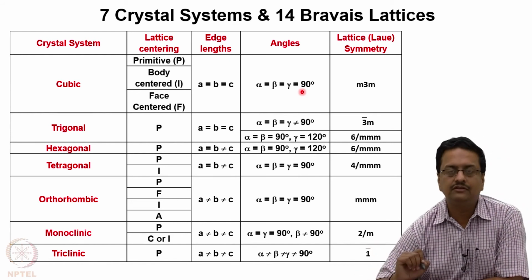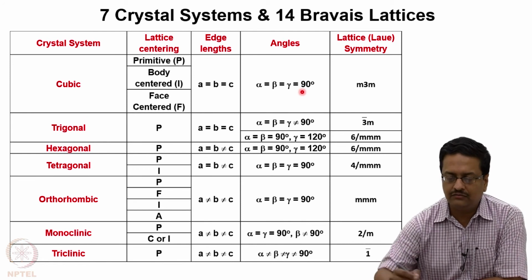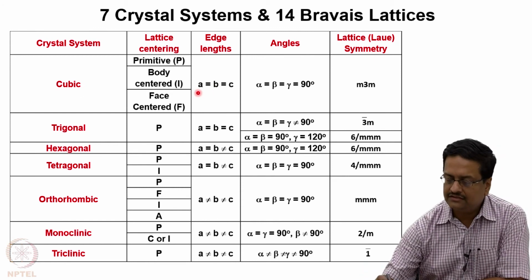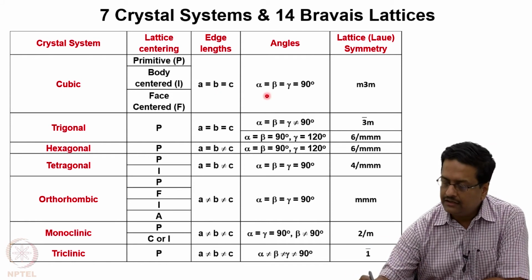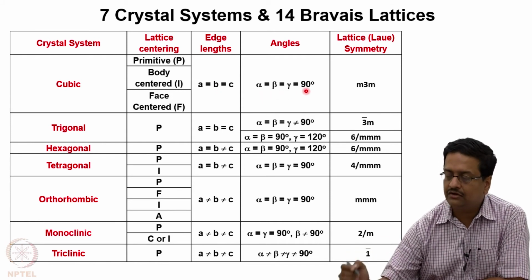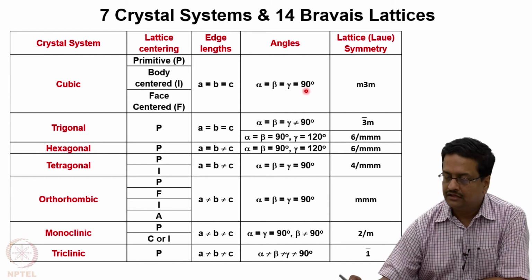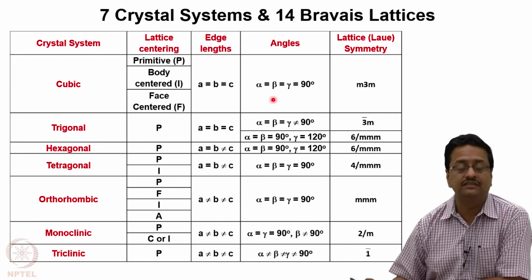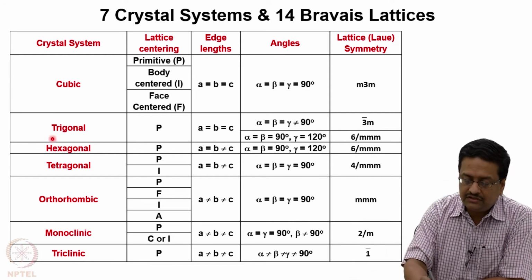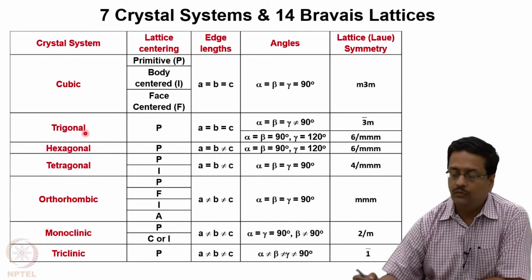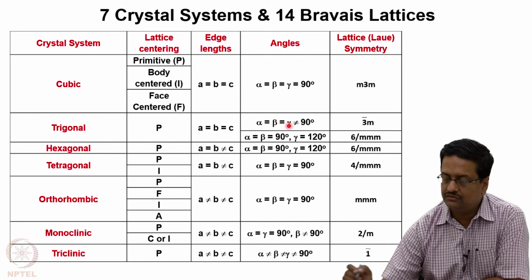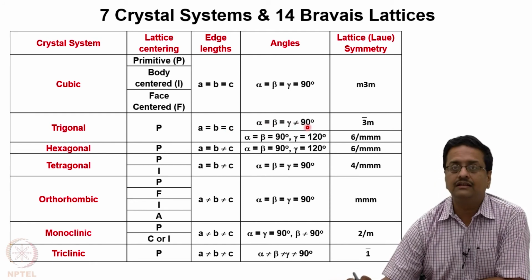The most symmetric one that we are familiar with is the cubic system, where the edge lengths a, b and c all are same, a equal to b equal to c, and the angles alpha, beta, gamma are all equal and 90 degree. So, this is called the cubic system. The next symmetric is the trigonal, where a equal to b equal to c, alpha equal to beta equal to gamma, but not equal to 90 degree.